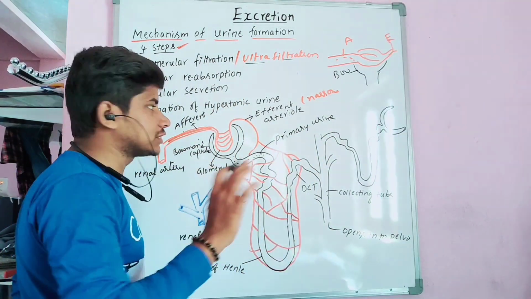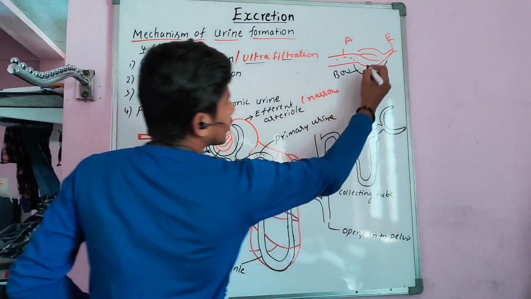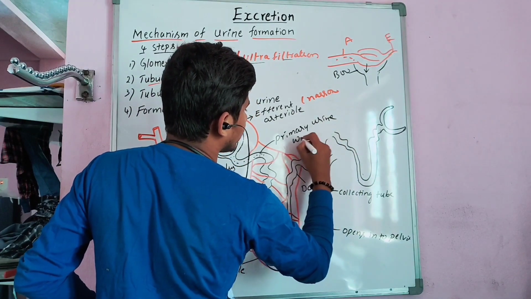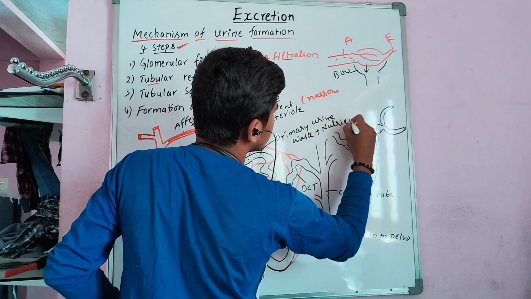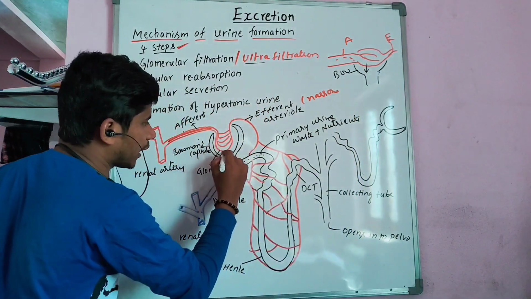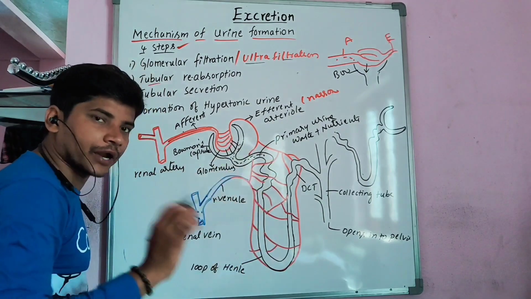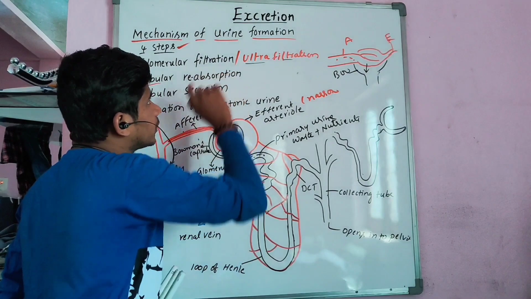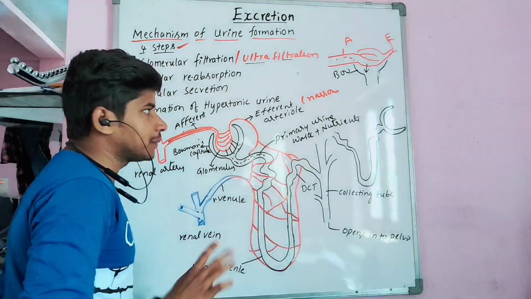The blood cells never come out and proteins also never come out of the blood. Simply what is coming here? The waste. This primary urine consists of what? Waste plus some of the nutrients. So the waste and some nutrients are filtered and collected into the PCT. That filtrate of the glomerulus is called glomerular filtrate or simply primary urine.